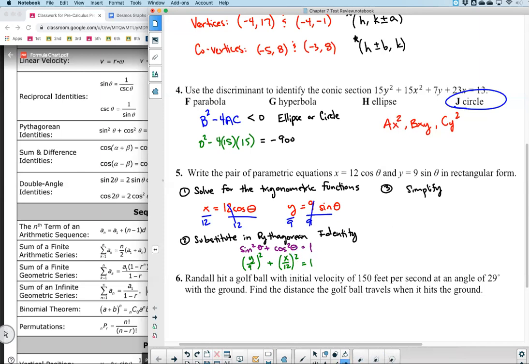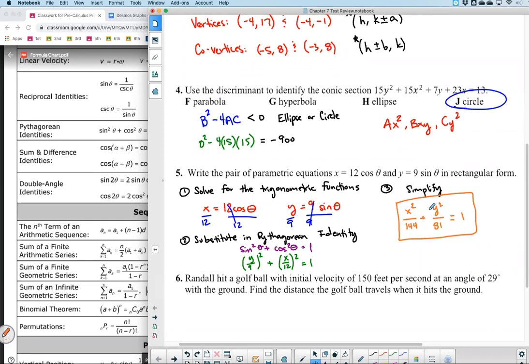I would have x squared over 144, that's 12 squared, plus y squared over 81 equals 1. This would be a horizontal ellipse that would go left and right 12 units, up and down 9 units, centered at the origin.